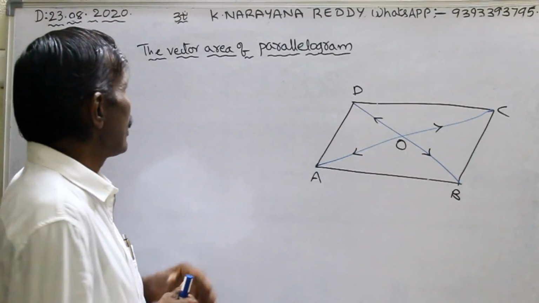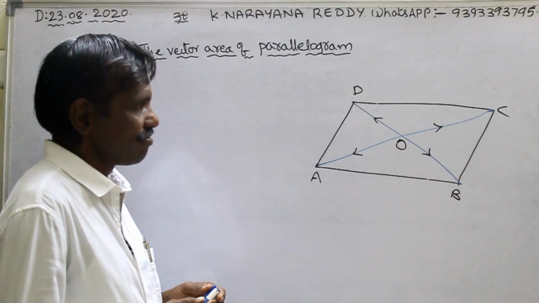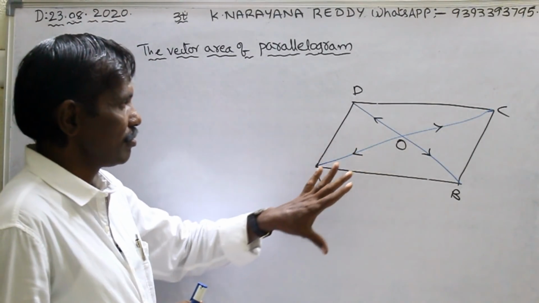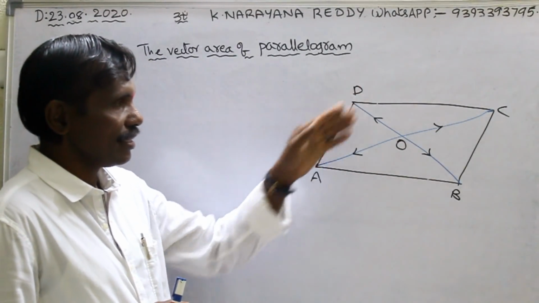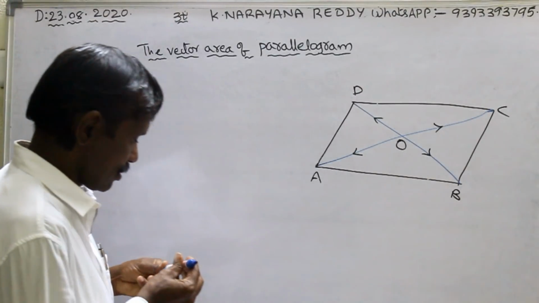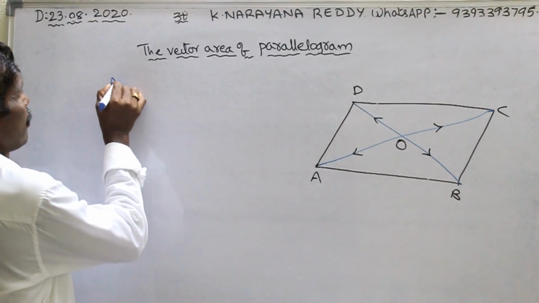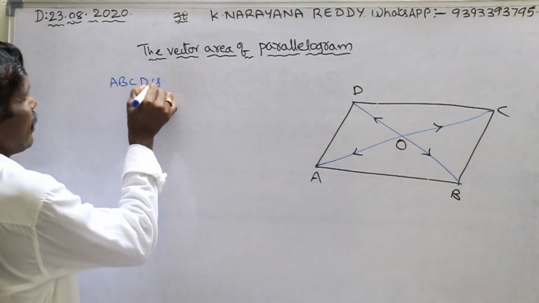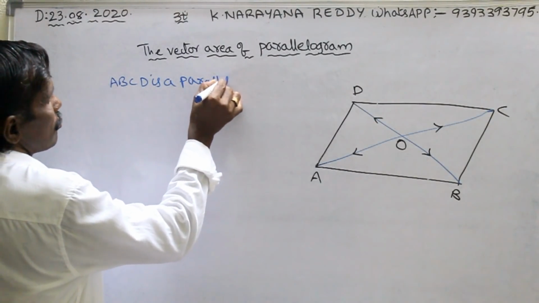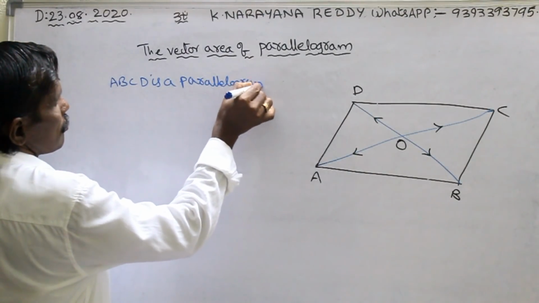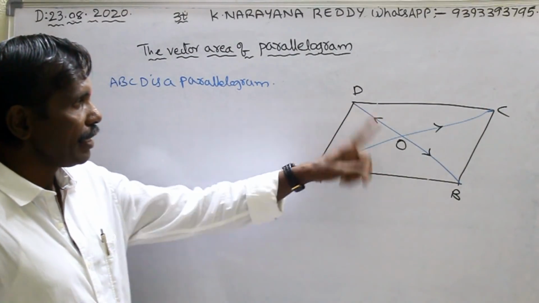Now, the vector area of a parallelogram, very important. This is a parallelogram ABCD. AC and BD are diagonals.